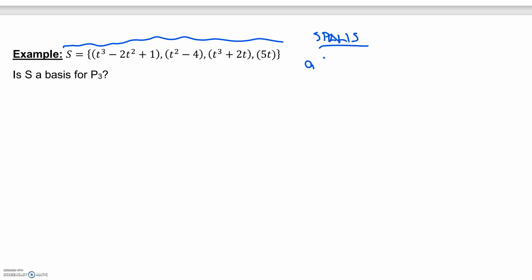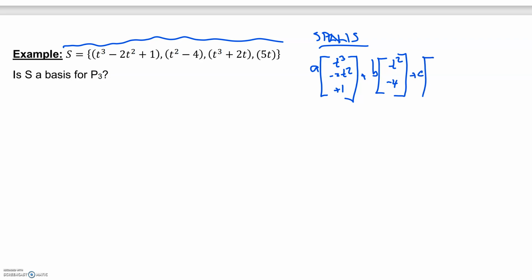And that means that A times the first vector, I'll write it out, and then B times the second vector, C times the third vector, plus D times the fourth vector.